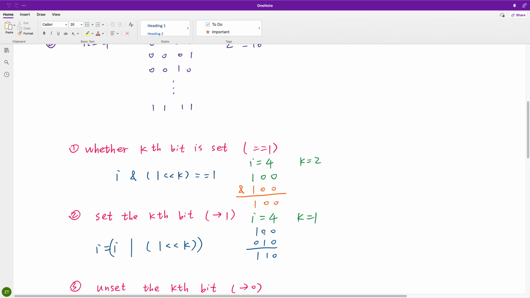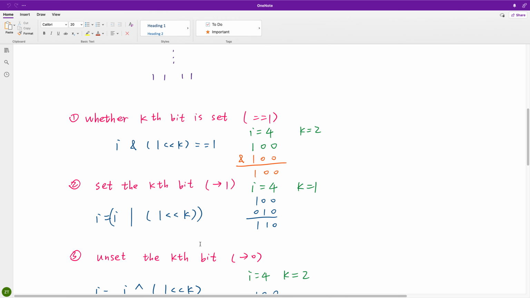So we want to set it to 1. We just need to OR with 1 left shift 1. No matter whether this bit is 0 or 1, the result here will become 1. So that's the intuition. To check whether it is 1, use AND. To set it to 1, use OR.